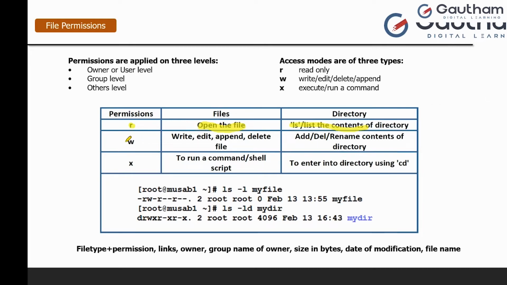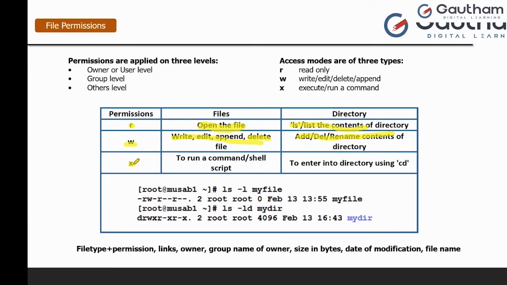If you give write permission, people can make changes in the content of the file or even delete the file. In the same way, on a directory, people can add, delete, and rename the content inside it. So basically, write permission gives users access to make changes in the file or in the contents of the directory.